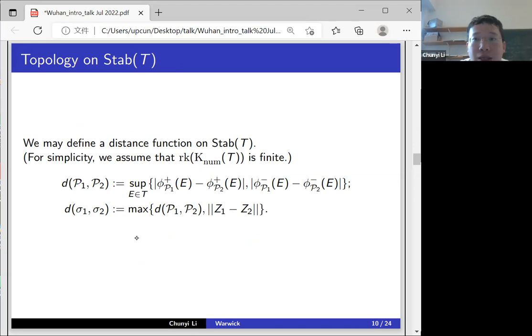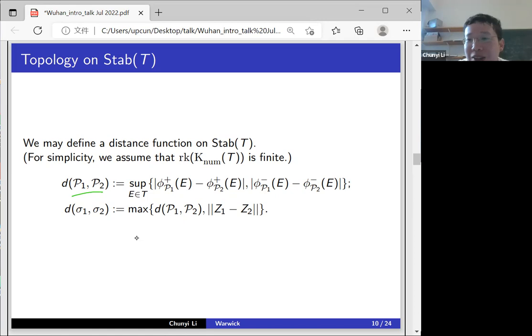Actually, there's a generalized distance function in the sense that for any two slicings, we define the distance as follows: we check all of the non-zero objects in this triangulated category, look at their HN filtrations, compare the phases of them, and take the difference of the maximum phase, take the difference of the minimum phase, and take the supremum over all of the objects and all of the filtrations.